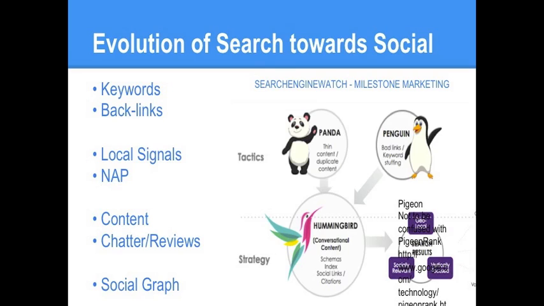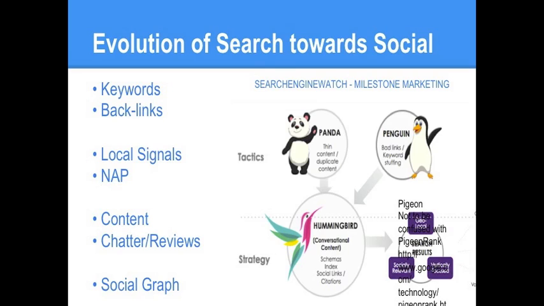Keywords and backlinks were always the key to getting ranked in Google, from day one. And, of course, everybody remembers a time when that used to work pretty well, but then it started giving you pages that were just stuffed with words that didn't make any sense, were full of ads.